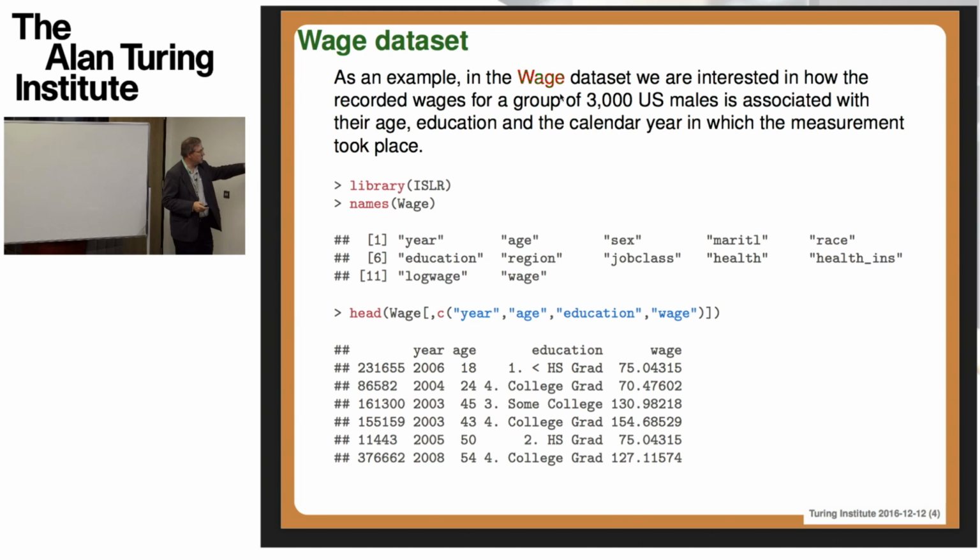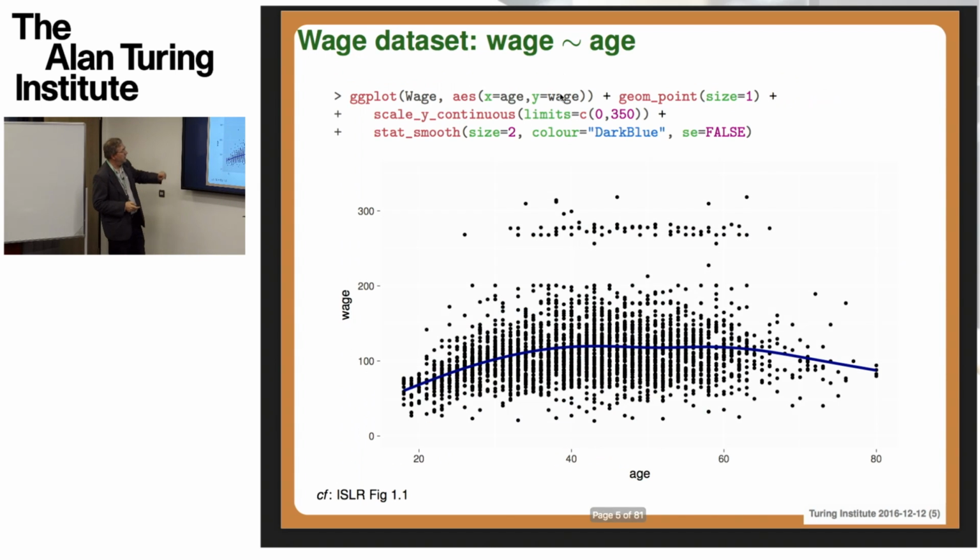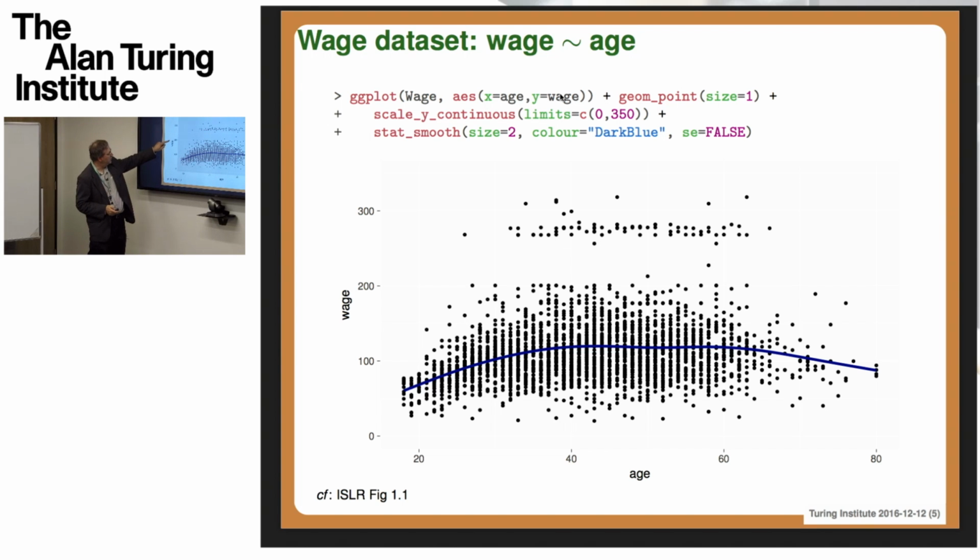Okay, so there we are, we're just looking at some data. Now let's have a visualization of some of that data. This is a graph of the wage values against the age values. These are wages of individuals with given ages, given education levels, and so on.